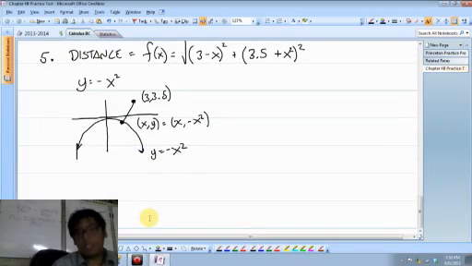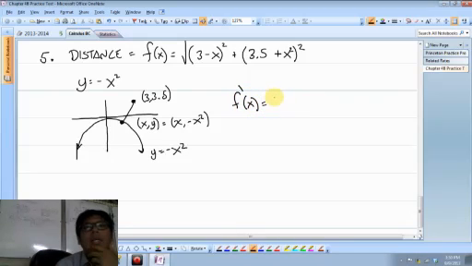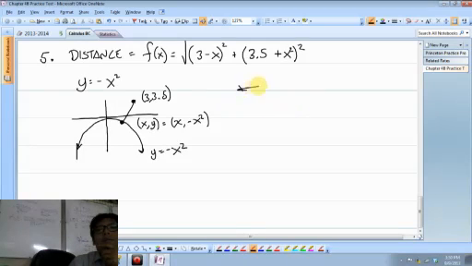Okay, we want to minimize our distance, so we'll need a derivative. F prime of x is going to be 1/2 times the radicand. Oh, you know what? We did this during period 5, and that made life a lot easier. Let's simplify our radicand.